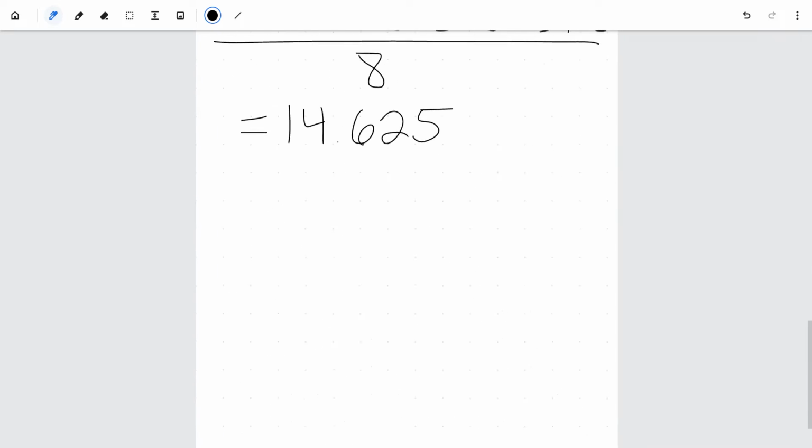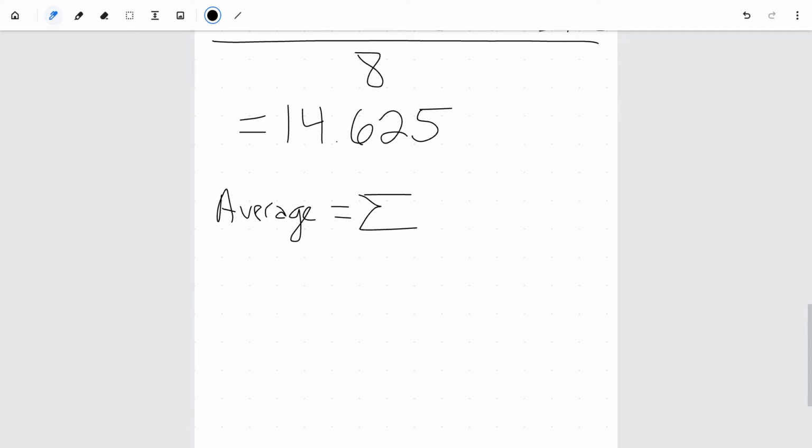And so if you want to get into a little bit more advanced notation, we can say that the average is equal to the sum of all the data points divided by n, which is the total number of data points.